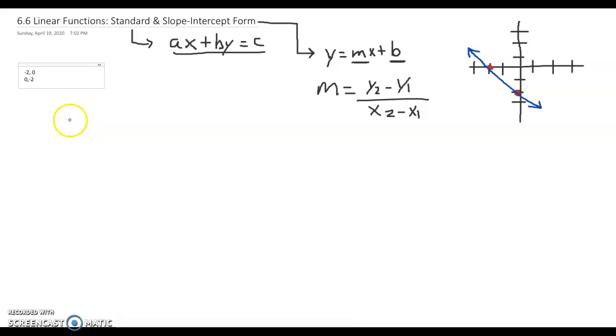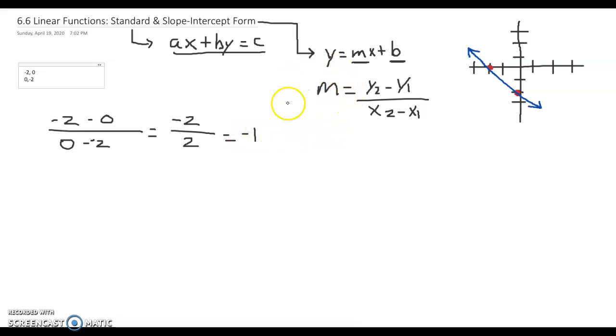It's going to be -2 minus 0 over 0 minus -2, which gives us -2 over 2. Remember, it has to switch those signs up, make it positive. So our answer is going to be -1.